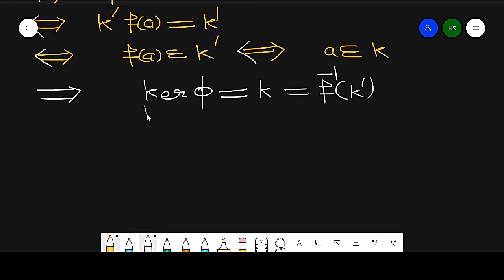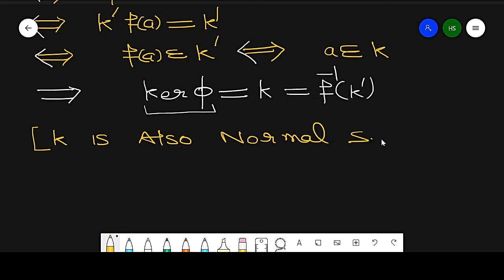Now since kernel of phi is a normal subgroup, then K is also a normal subgroup of group G. So clearly, since kernel of phi is a normal subgroup and this is equal to K, it is also a normal subgroup of group G.